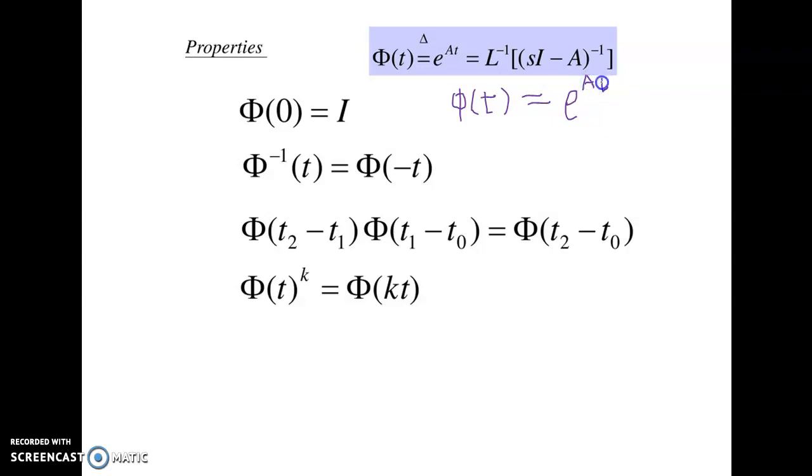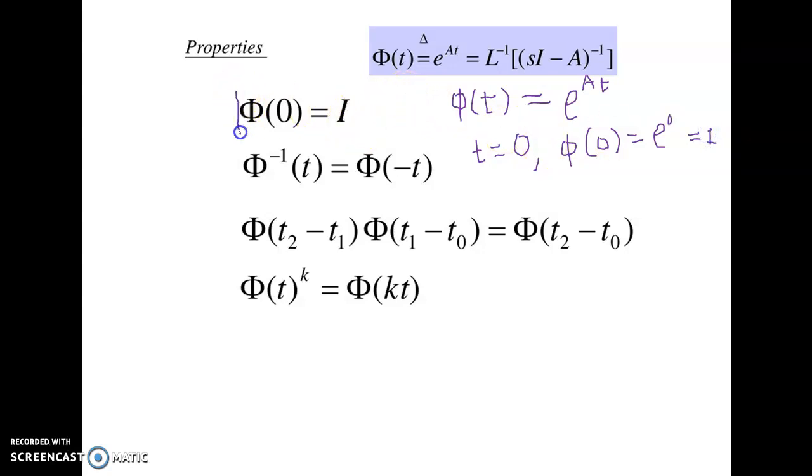Now let us put t equal to 0. If we put t equal to 0, then phi of 0 will be equal to e raised to 0, which is equal to 1, that is nothing but an identity matrix or the unit matrix.